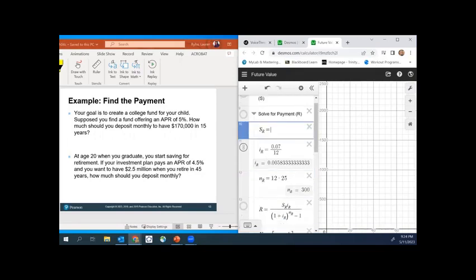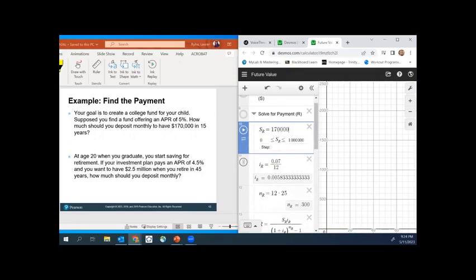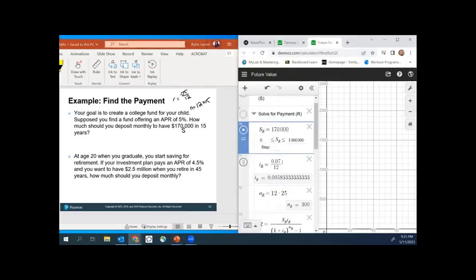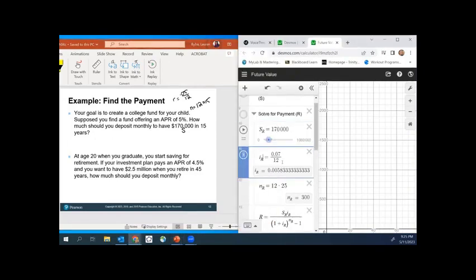Okay, so we want to have $170,000. So this is the sum in the account. The rate that we want is 5%, but we're going to have to do it monthly. So we're going to divide by 12. We're going to deposit 12 times a year for 15 years. So 0.05 over 12.